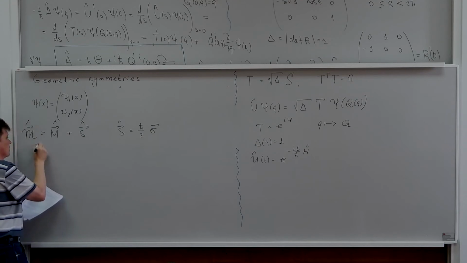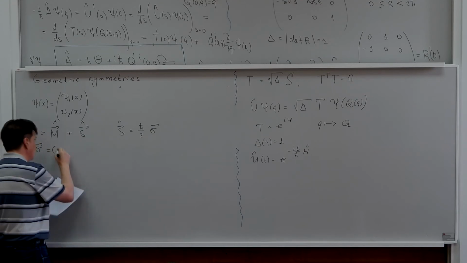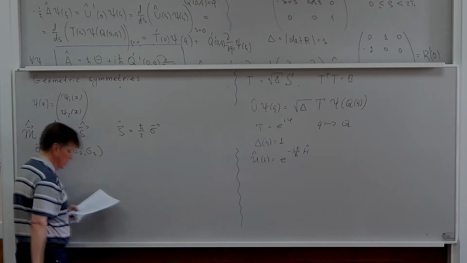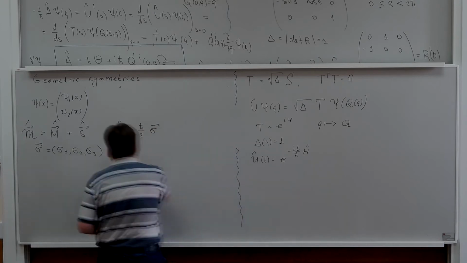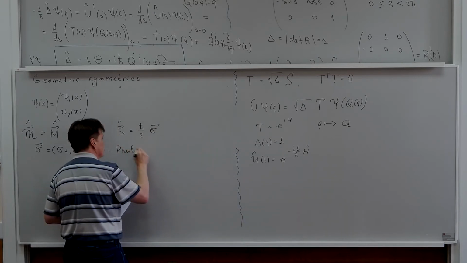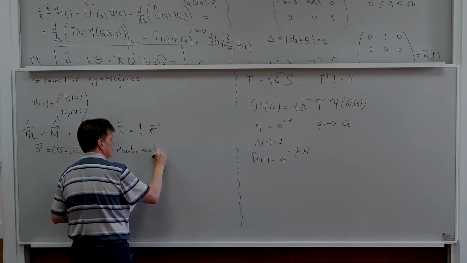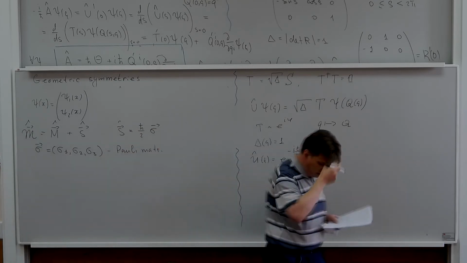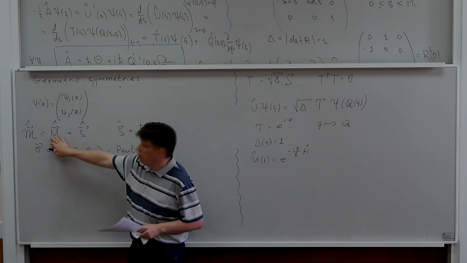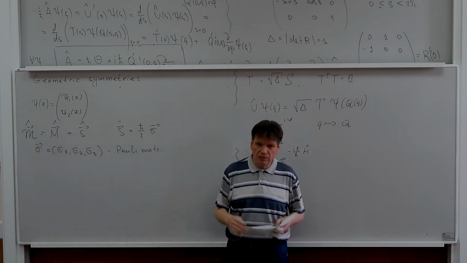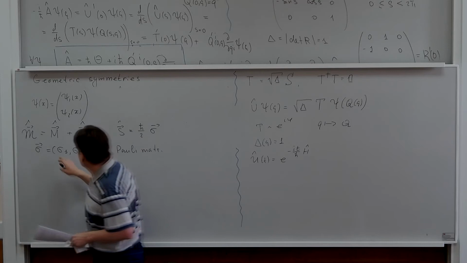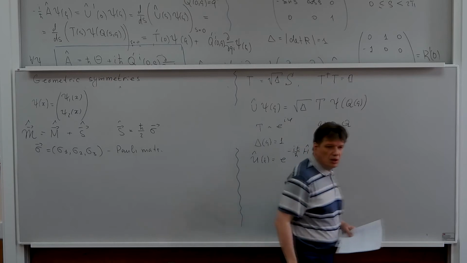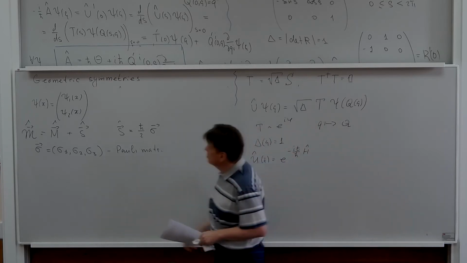So sigma vector is just the set of three Pauli matrices, sigma 1, sigma 2, and sigma 3. As we know, for a free particle, both the vectors M and S are conserved separately because the corresponding operators M and S commute with the Hamiltonian of a free particle of spin 1/2.